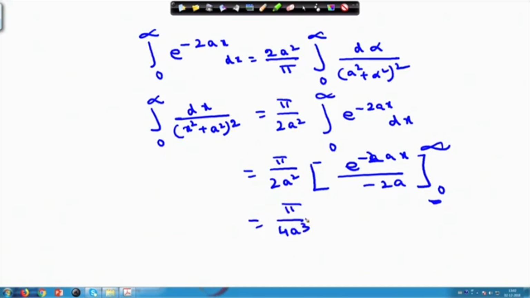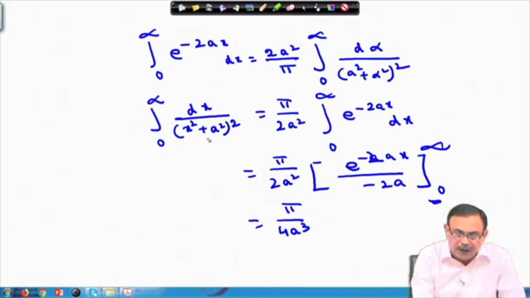So, the value of this integral 0 to infinity dx by (x square plus a square) whole square is nothing but pi by 4 a cube using the earlier property.